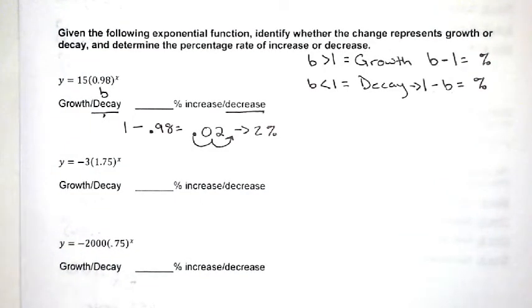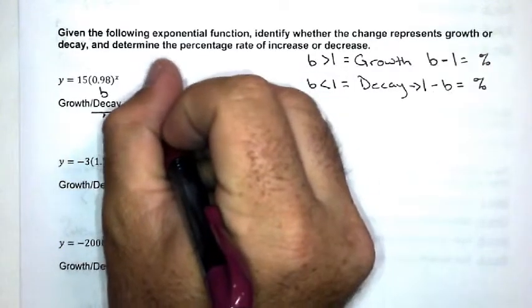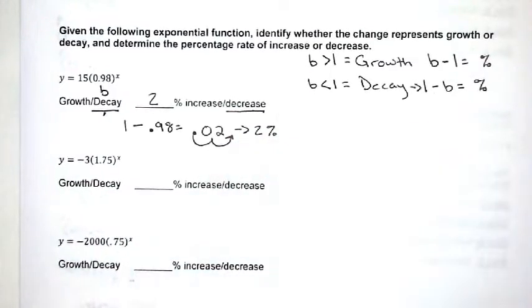So to go from a percent to a decimal, you move to the left. To go from the opposite direction, you go to the right. So my answer is a 2% decrease. Right, Jordan? You get your percent by doing 1 minus the b value. That is for decay.